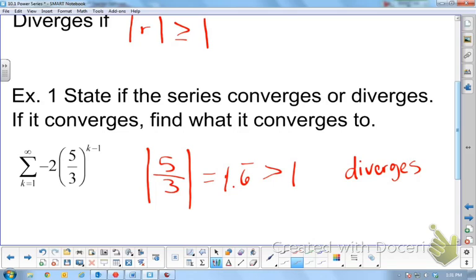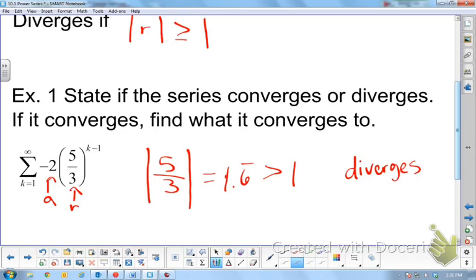If it had converged and I wanted to find what it adds up to be, we'd plug A and R into that summation formula, which in this case I can't do because it doesn't converge, it diverges.